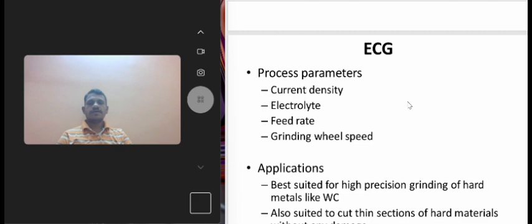Preventive measures are needed against corrosion by the electrolyte. Maintenance cost is high. Since the tolerances achieved are slightly low, the workpiece needs final abrasive machining.